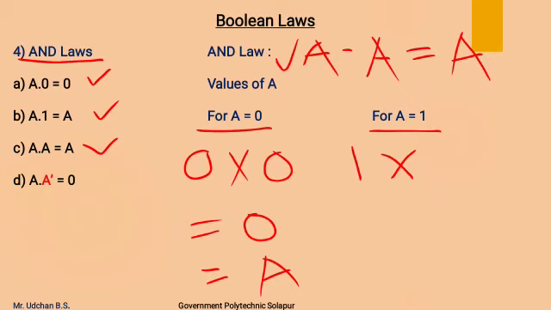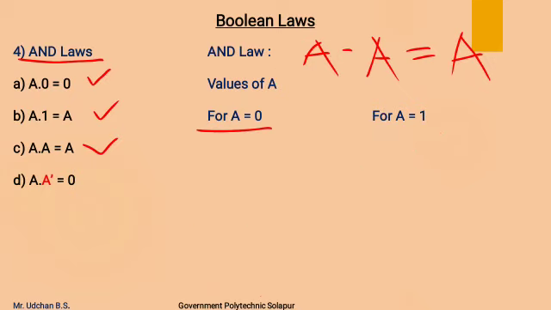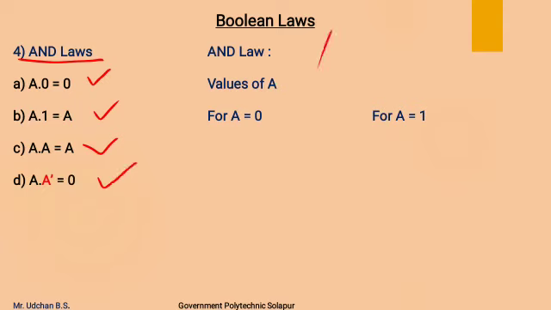Third AND law is a into a complement will result in 0. We will see that also. A into a complement will give you 0. First we will see for a equal to 0, put the value of a in this equation again.